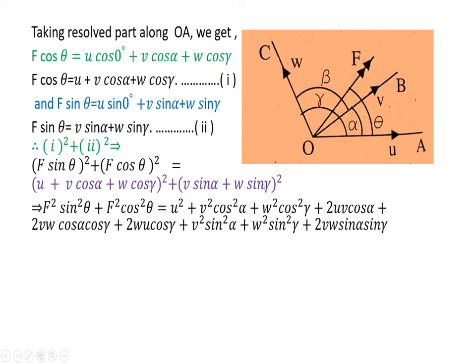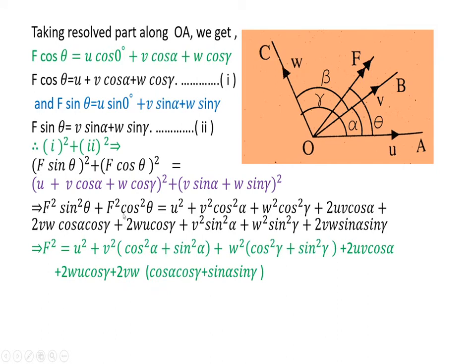If we apply the a plus b whole square formula here, we get v square sin square alpha plus w square sin square gamma plus 2vw sin alpha sin gamma. From these two terms we get F square, because if we take F square common, we get sin square theta plus cos square theta. But you know, sin square theta plus cos square theta equal to 1. So finally we get F square.